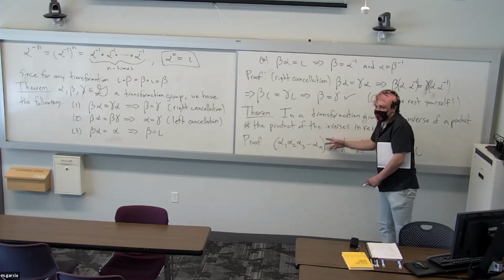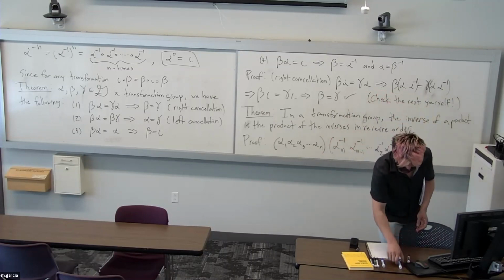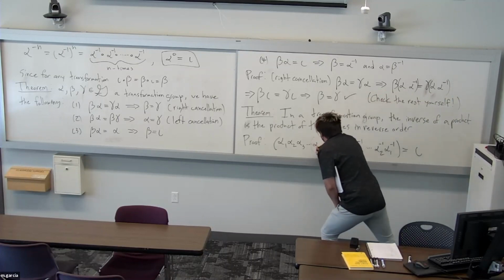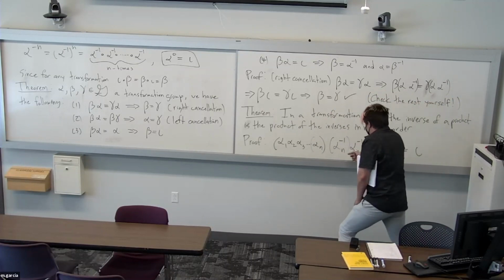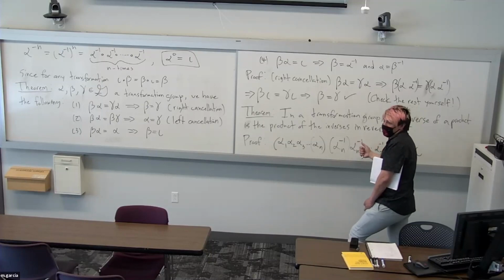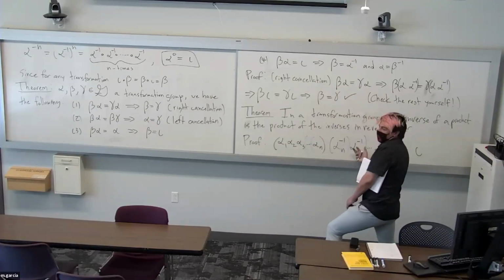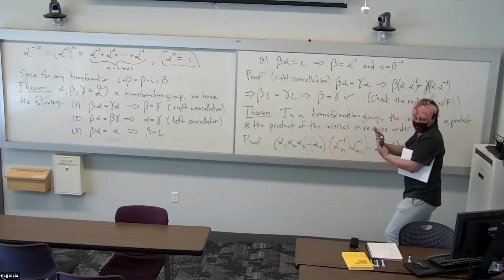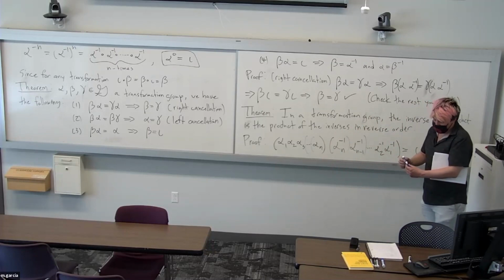By associativity, I can put parentheses around this any way I like. So I'll put parentheses here, and then I get iota in the center. Then iota with alpha sub n minus 1 inverse just gives alpha sub n minus 1 inverse back. Then I put parentheses around the next pair, and I successively get rid of pairs until I'm just left with iota.